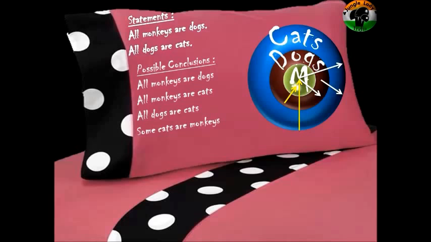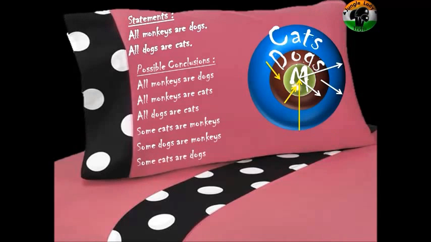This is again an inward arrow, so I should use the word some, and this should be read like some dogs are monkeys. Very good. Next, can you say what kind of relation exists between cats and dogs? This is again an inward arrow, so how should I read this? This should be read like some cats are dogs. That's it. I hope you understood this.